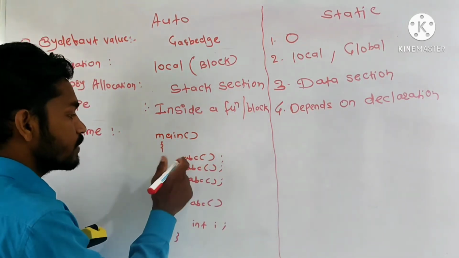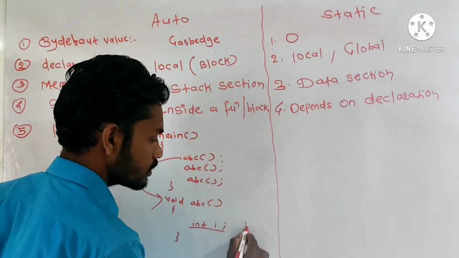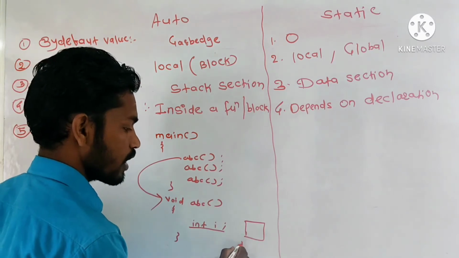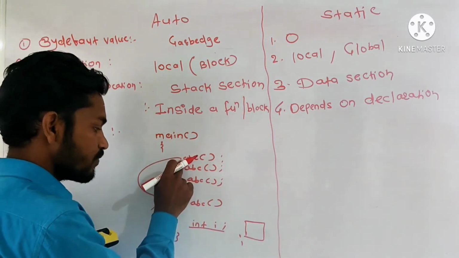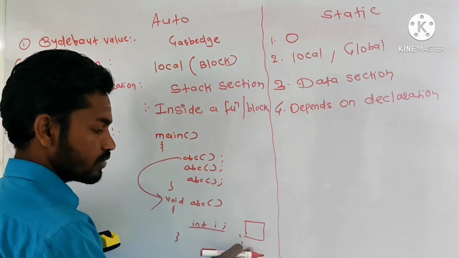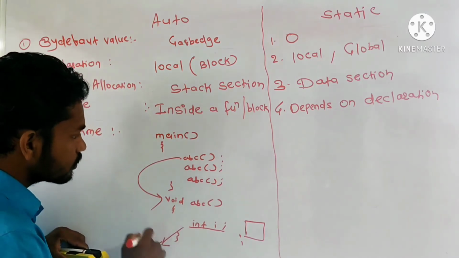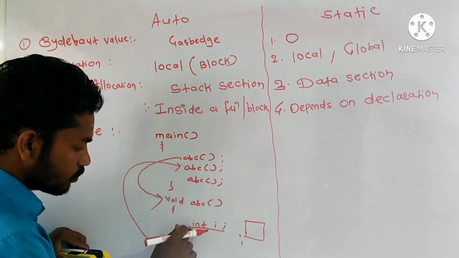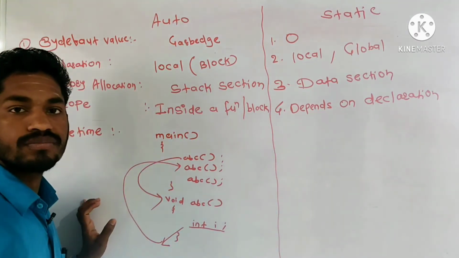When the main function calls the function ABC, the life of this variable will start inside the stack section. When main function calls ABC the first time, the life of auto variable will start. The memory will be allocated for the auto variable. When control goes outside of the function, the life of that auto variable will end.